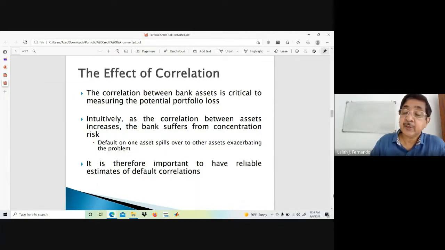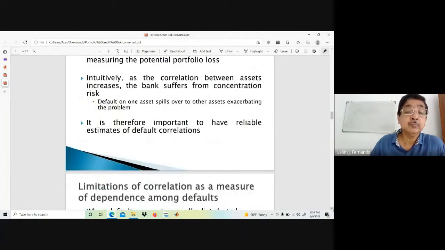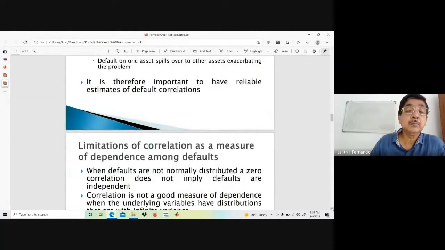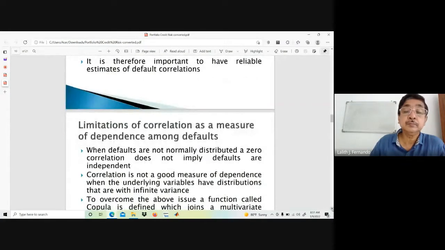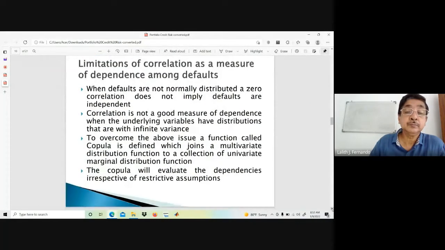I think last time we also discussed the measures of concentration risk, and the limitations of correlations.